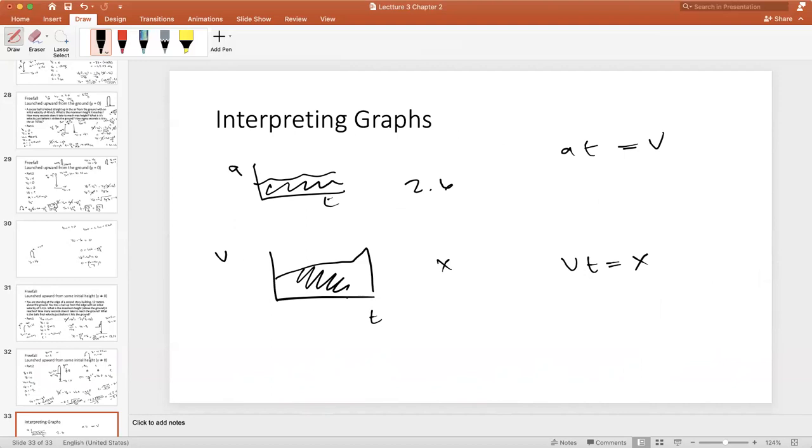And in fact, if you have 1 second and 2 seconds, the integral from 1 to 2 of v dt is the area under this curve.